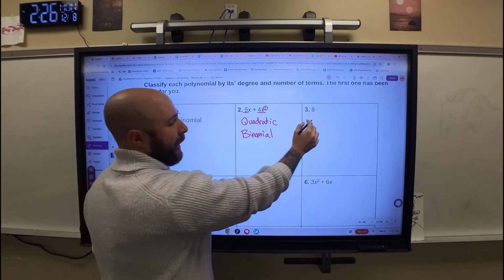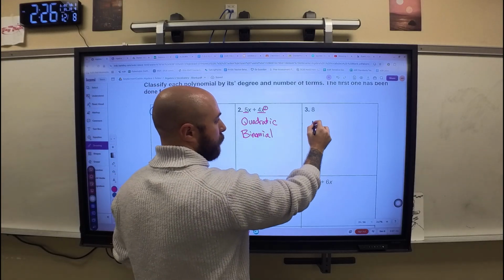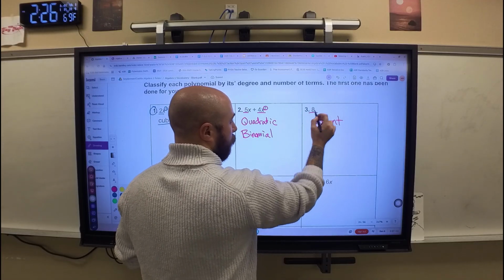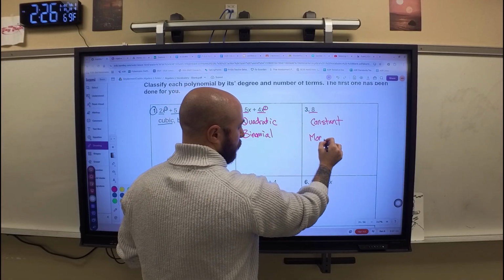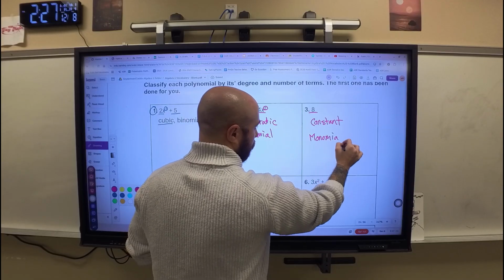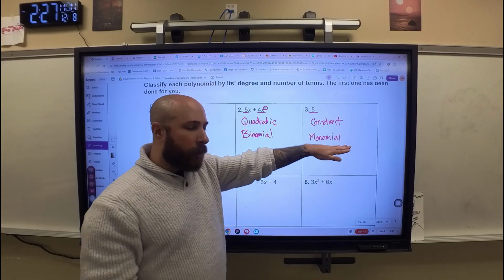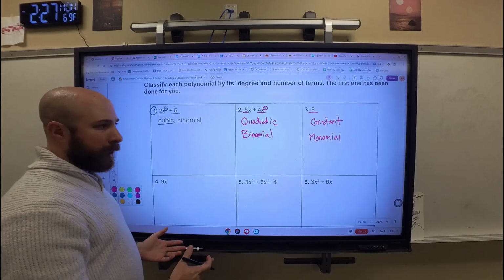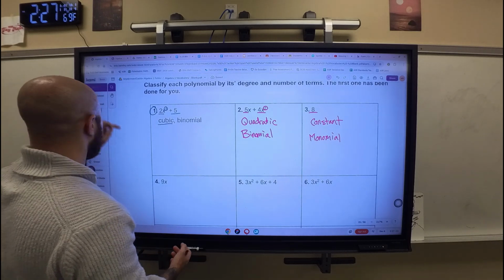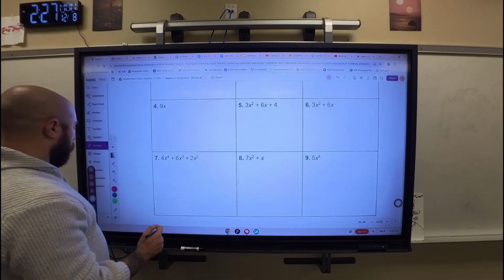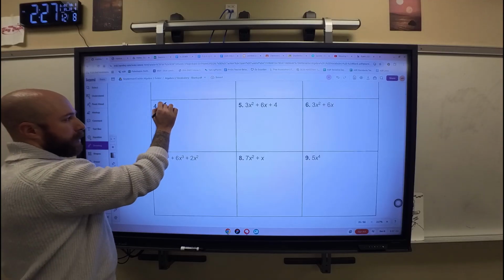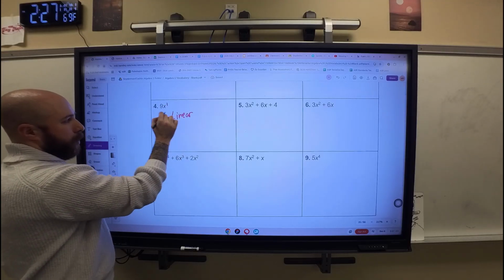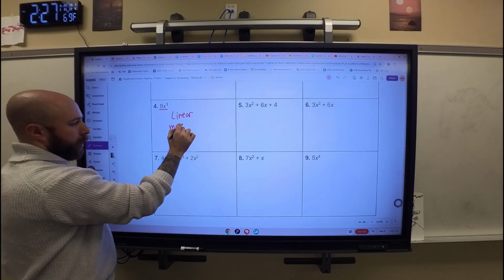With number 3, I have no x, so I have no exponent, so it is a constant. And I have 1 term, so it is a monomial. Anytime that you have a constant, it will always be a monomial. We can't have a constant binomial or a constant trinomial. Number 4, 9x, that is an x to the first, so that is linear. 1 term, monomial.